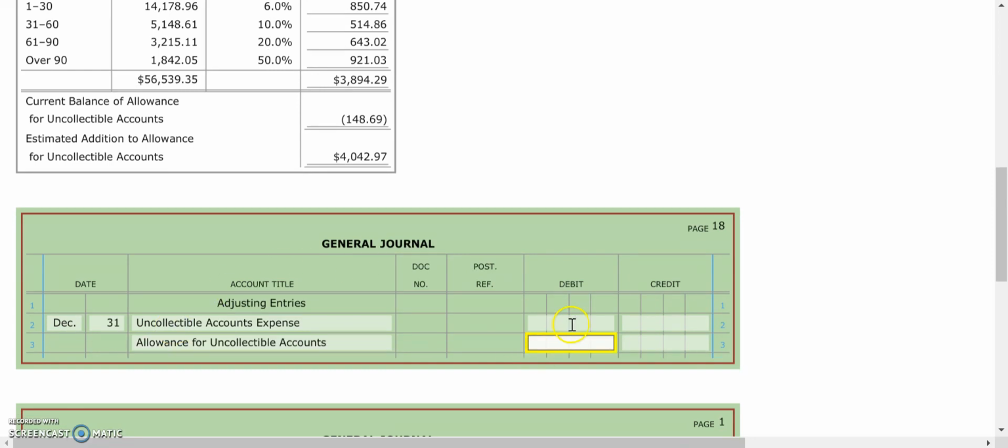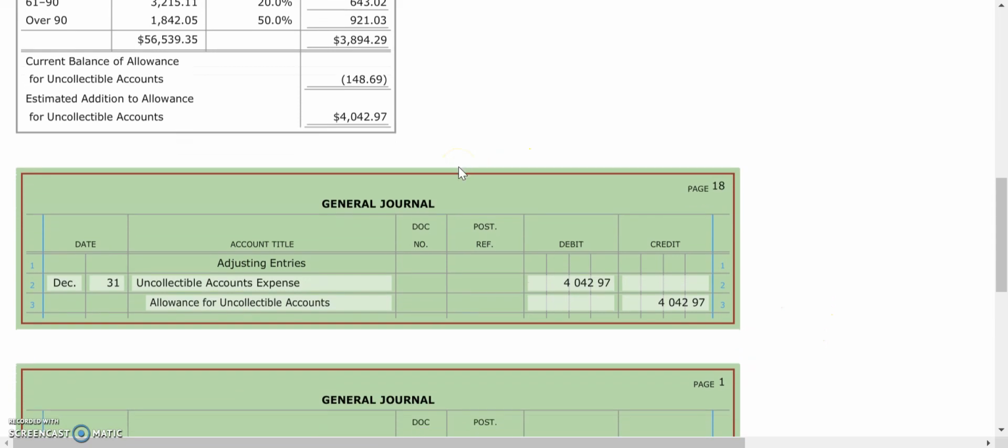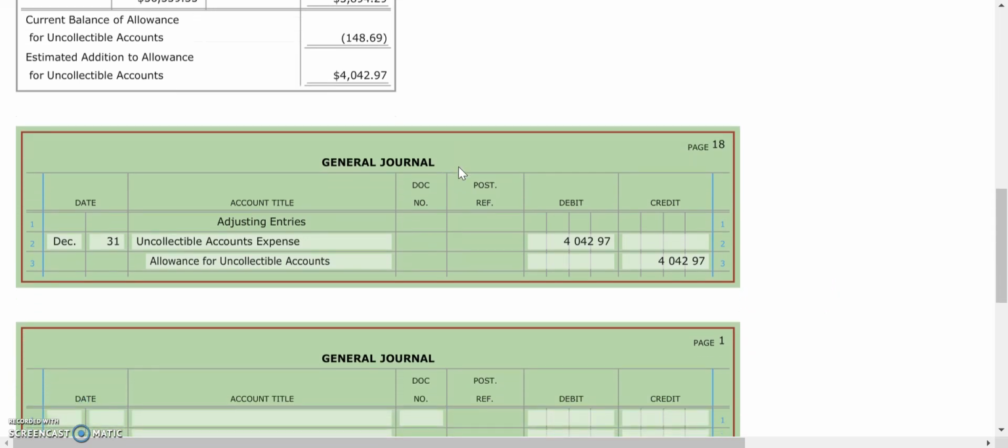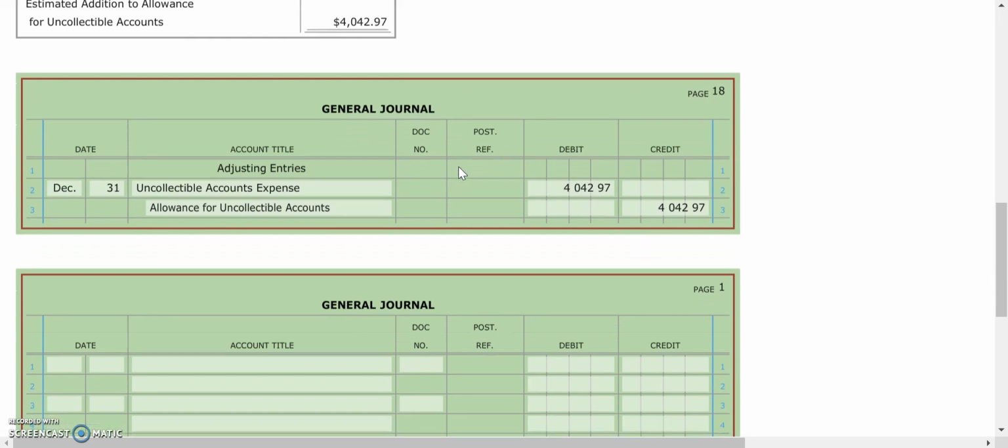However, our adjustment amount is this $4,042.97 that we just found. So that's what goes in here, $4,042.97 and $4,042.97. Okay. So that's step 2, doing an allowance, an aging of accounts receivable method.